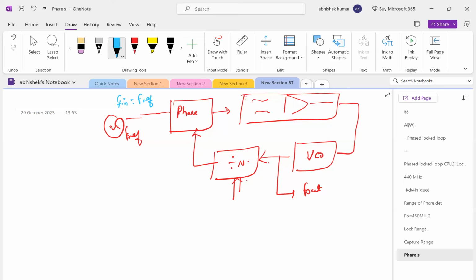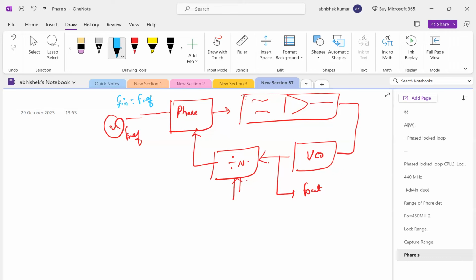We add a frequency divider in the PLL after the VCO. Now both inputs to the phase detector have the same frequency. The input comes from a known good source having a stable frequency, and a frequency divider in the PLL after the VCO.